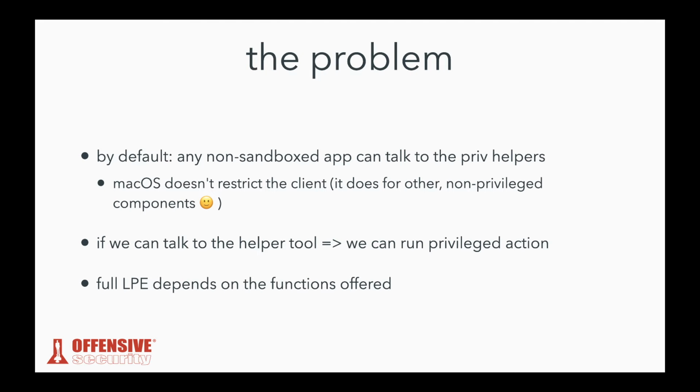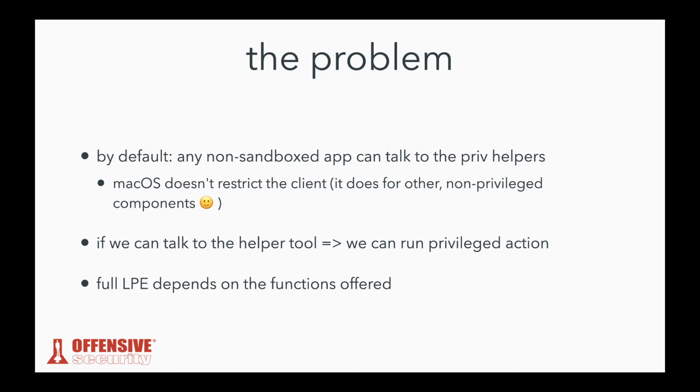Now, the problem is that by default, any non-sandboxed application can talk to these privileged helpers. macOS doesn't restrict the client to the same developer ID or the same code signature by default, so anyone can talk to them.